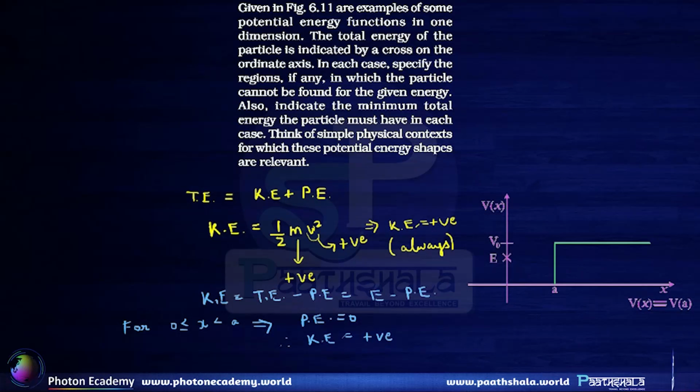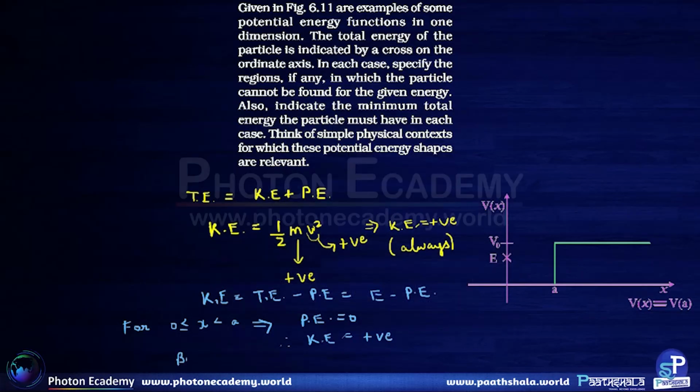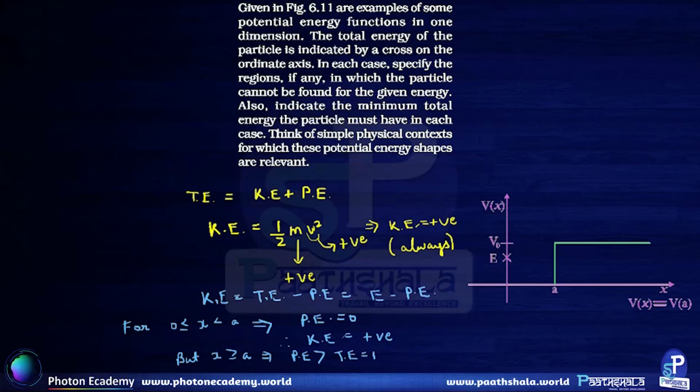But when x is greater than a, potential energy is greater than total energy, that is E. This implies that kinetic energy will be negative, and we know that kinetic energy cannot be negative, so this is not possible.